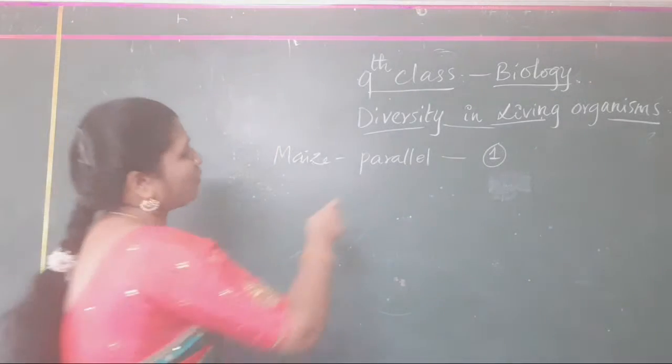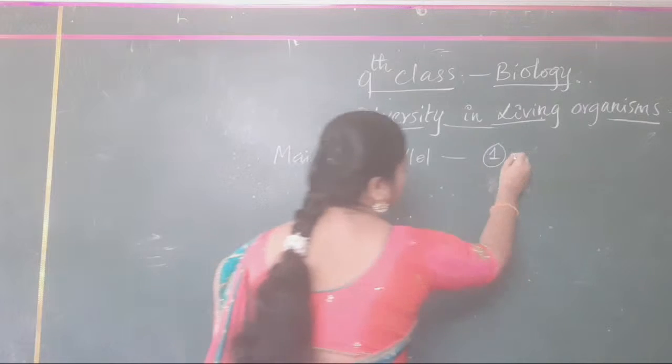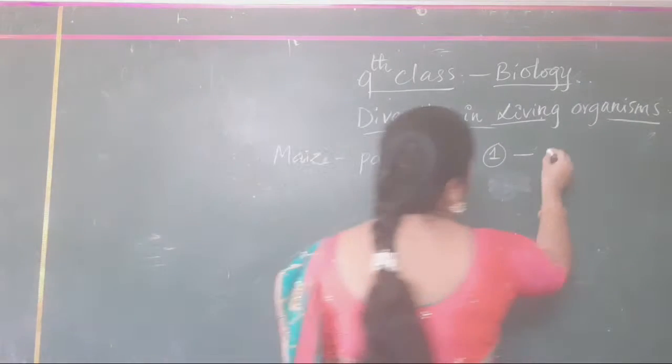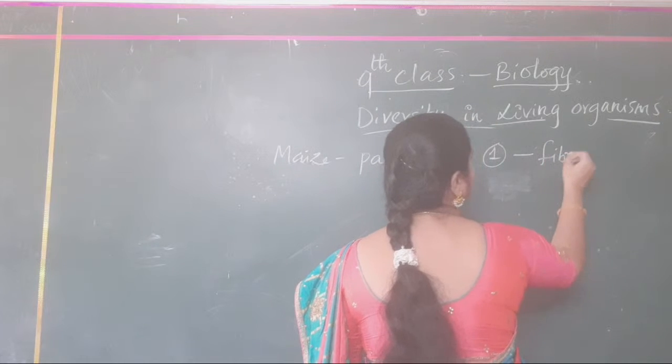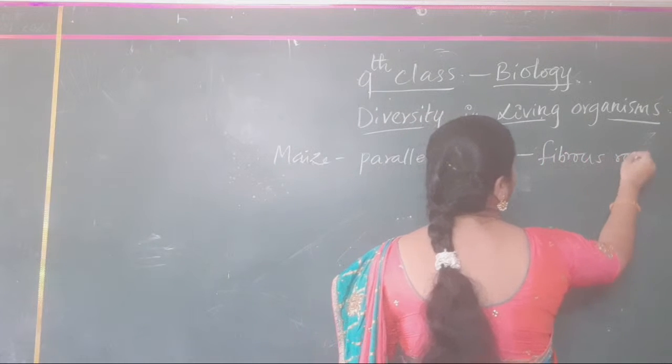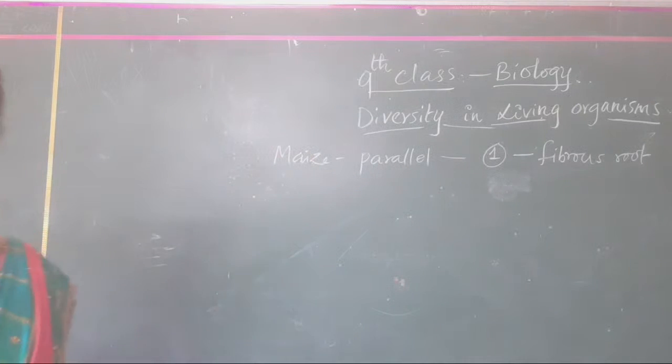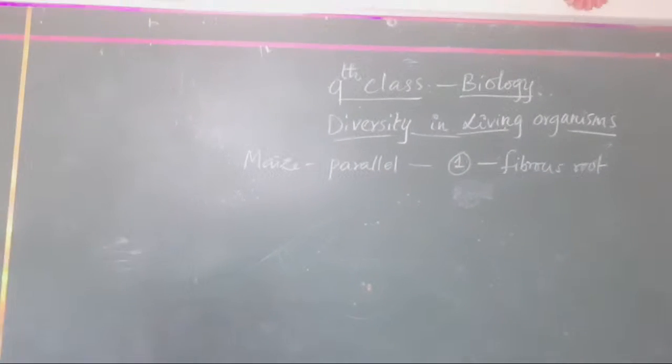So in maize, how many? 1. And taproot system or fibrous root system? Here obviously fibrous root system. Are you able to see perfectly? Yes, here we go.